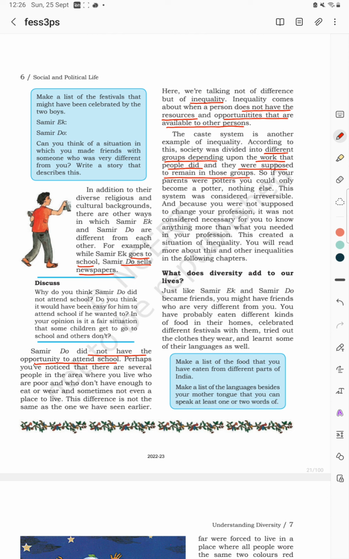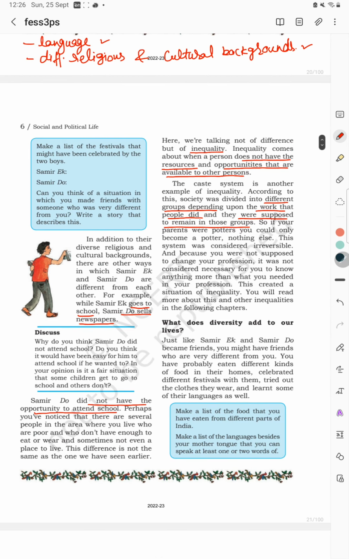This system was considered irreversible, and because you were not supposed to change your profession, it was not considered necessary for you to know anything more than what you needed in your profession, because caste was decided by birth, and any person born in a particular caste adopts the profession of that particular caste only, and was not allowed to practice a profession which is not practiced by his caste.